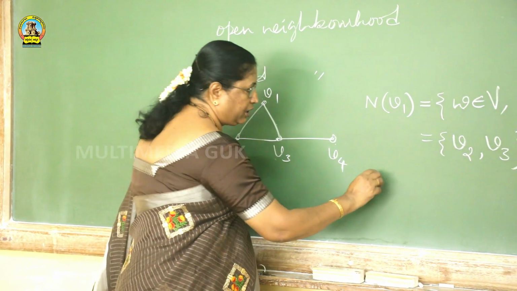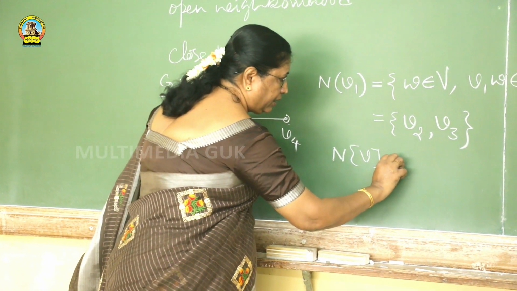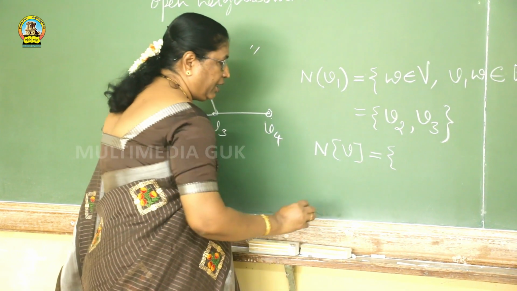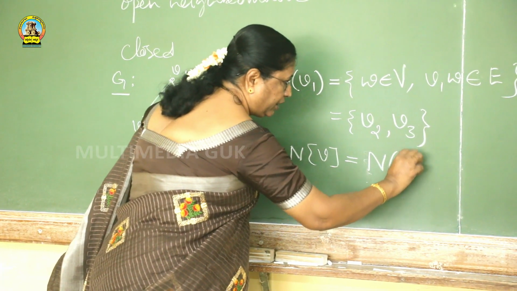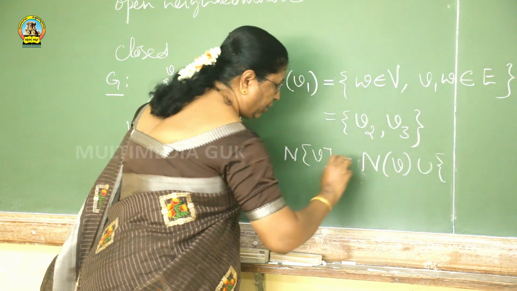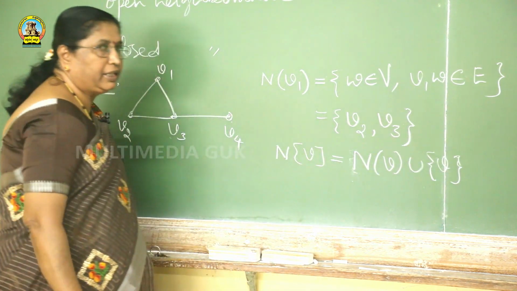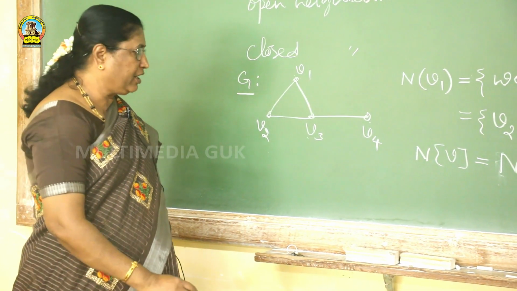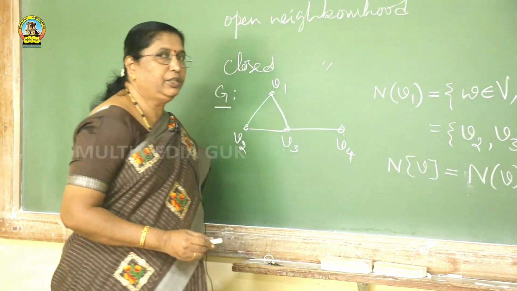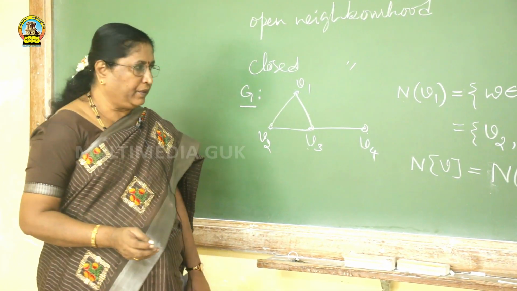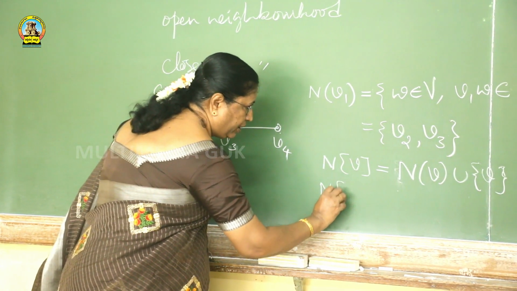Here we use the square bracket. N[v] for any vertex v is defined as the union of the open neighborhood of v and v itself, that is, inclusive of the corresponding vertex. For example, what is the closed neighborhood of V1?